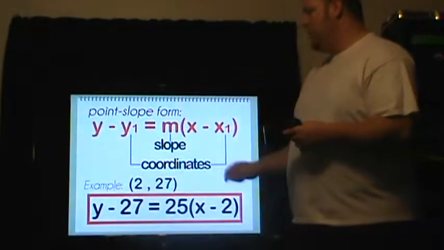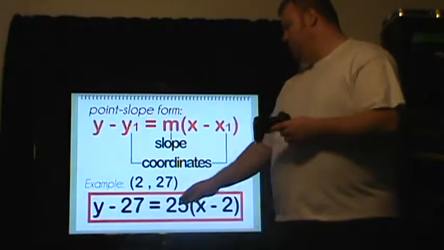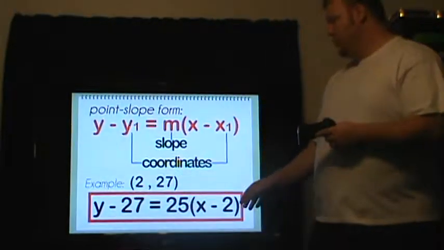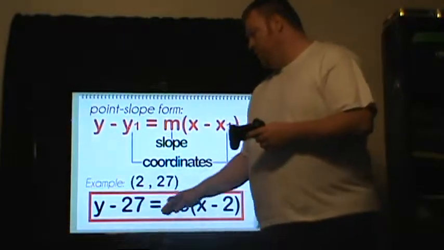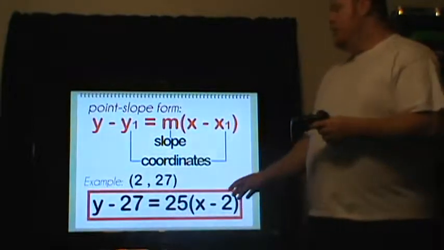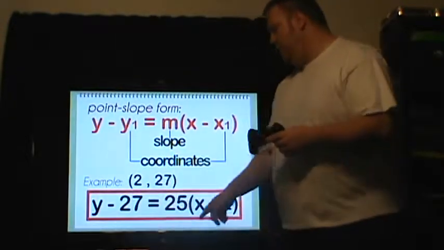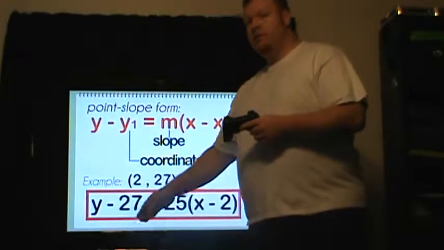So when you sub these in, as you can see, you get y minus 27 equals 25 times x minus 2. And what you want to do is multiply this out. So you'll get y minus 27 equals 25x minus 50. Then what you want to do is move this to this side to where y is by itself. To do that, you have to change signs to change sides.